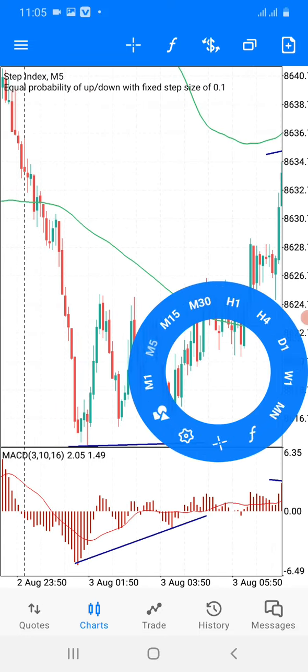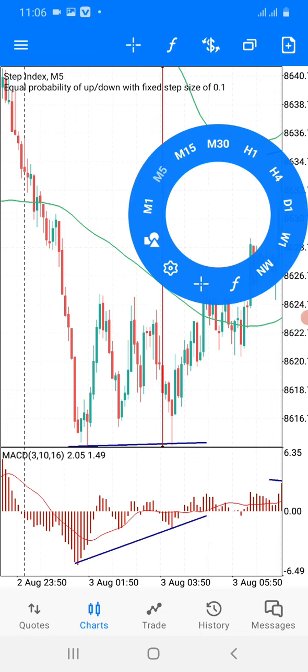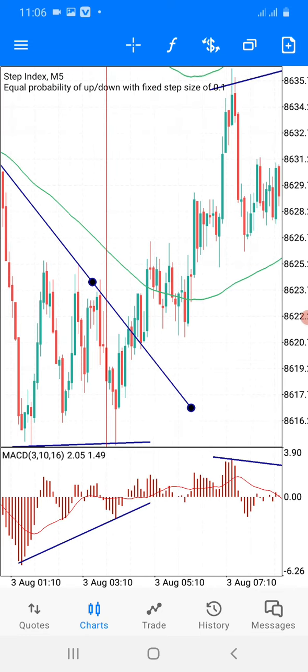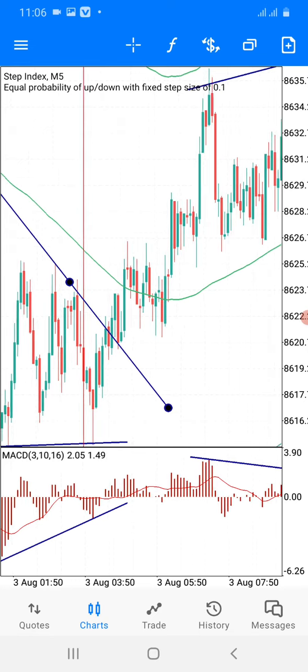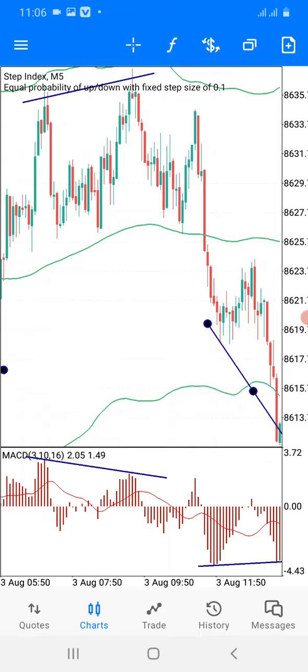The same thing is applicable here. After this break, it breaks out, breaks the structure, and then came back, retested it and went in that direction. So this is how we trade using divergence.